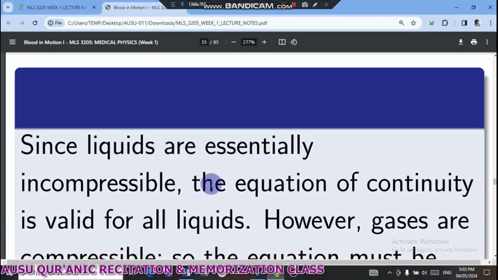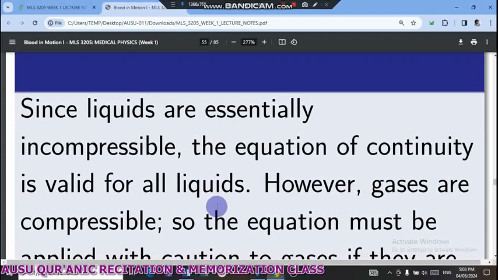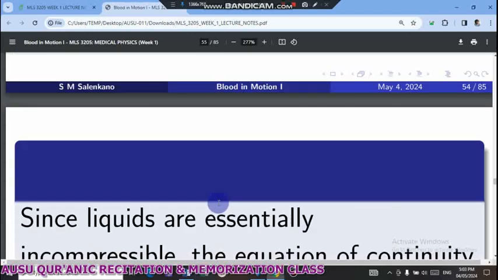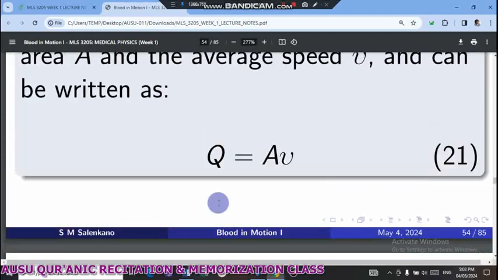Since liquids are essentially incompressible, the equation of continuity is valid for all liquids, because when deriving this equation, remember, we assumed that the fluid is incompressible.